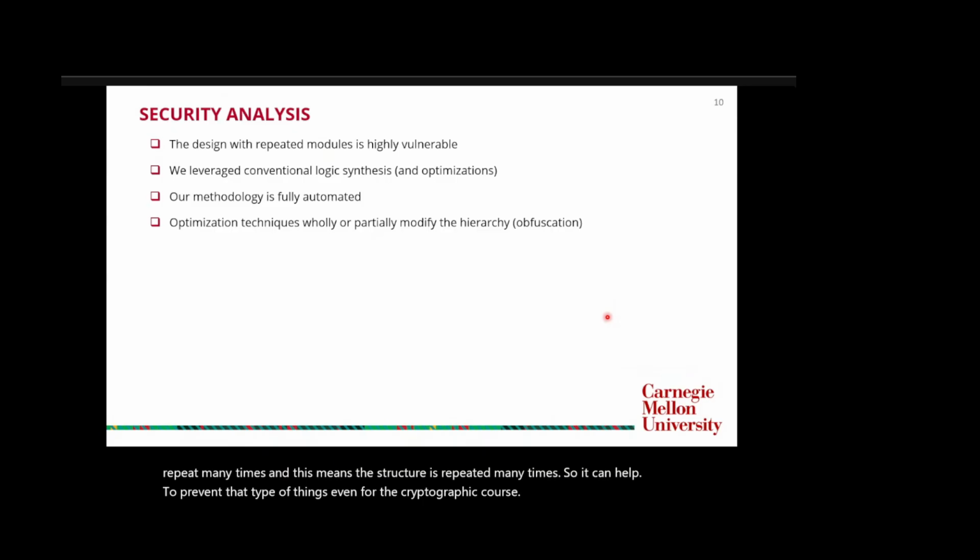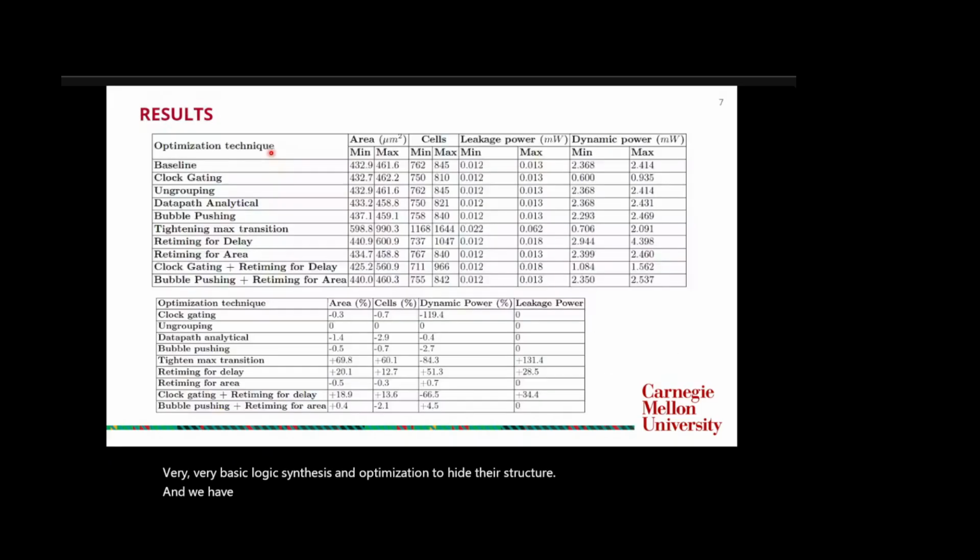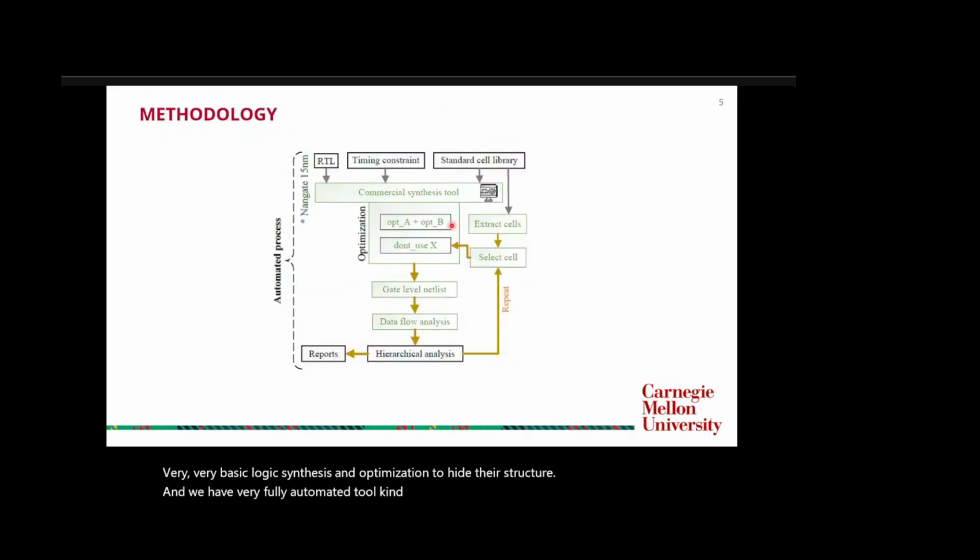So what we did today, we can see that a design with repeated modules, repeated logic, repeated functionality, we can say, or we should not say repeated functionality actually. Repeated structure is really highly vulnerable to reverse engineering, simple reverse engineering. We don't have to do rocket science, right? We leverage very, very basic logic synthesis and optimization to hide the structure. And we have a fully automated tool, kind of, right, that I just presented.